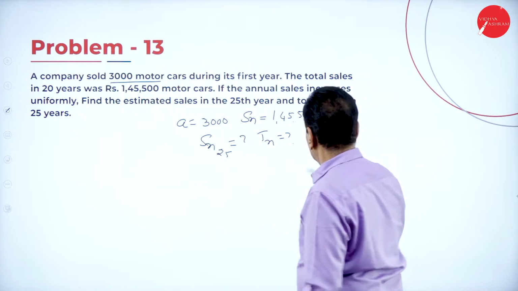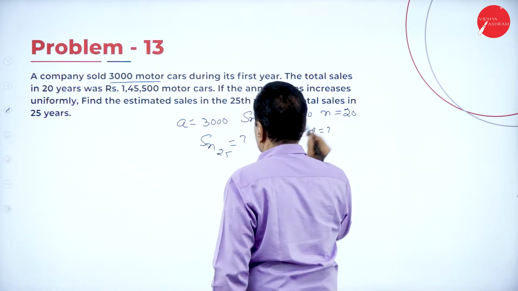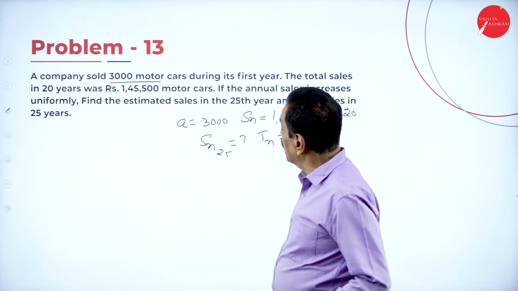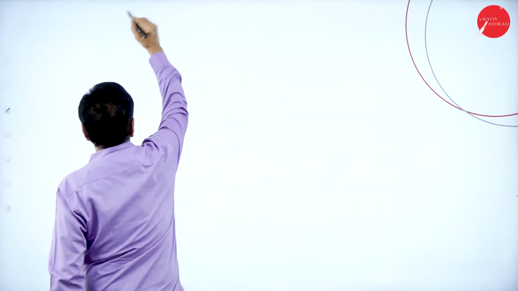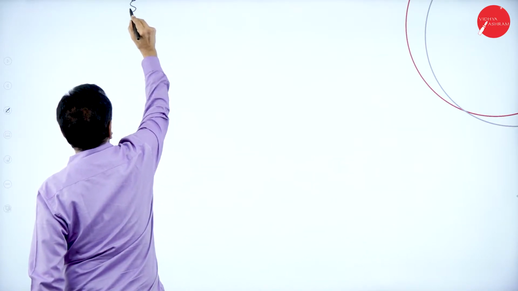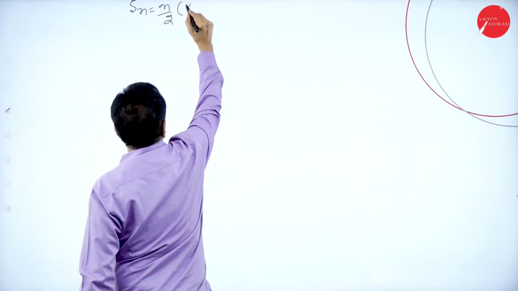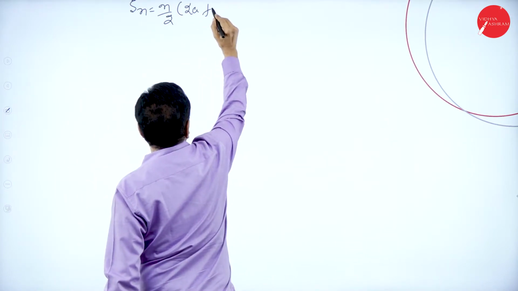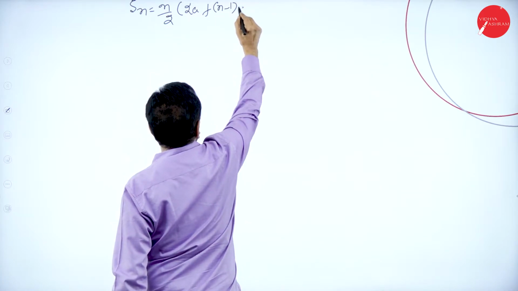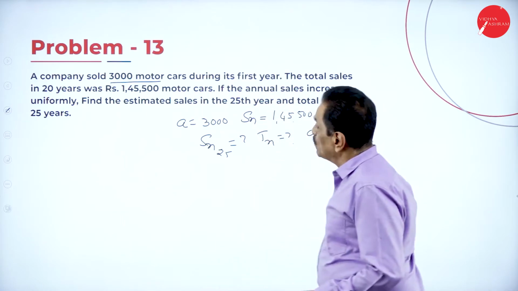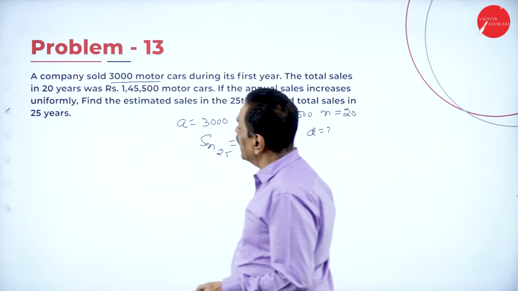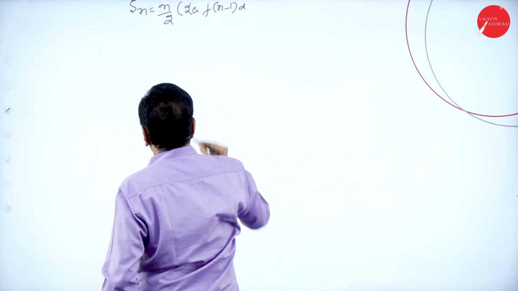So for the first question, D we don't know, so we'll apply the formula. SN is equal to N by 2 into 2A plus N minus 1D. What's your summation? 1,45,500.